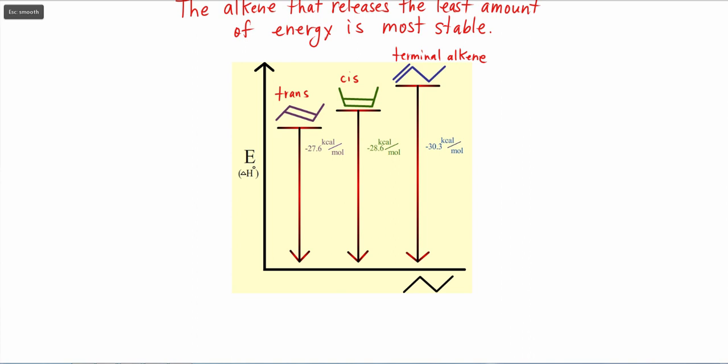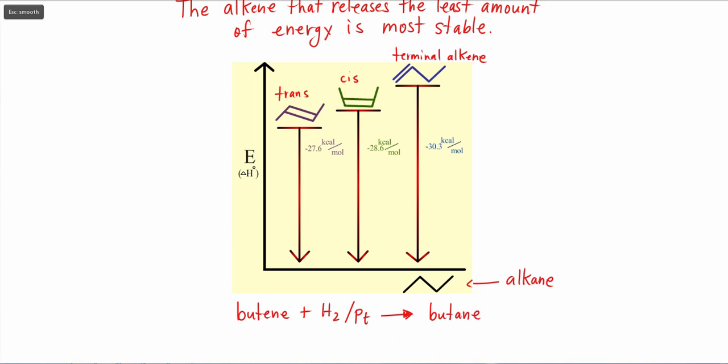So when we hydrogenate each one of these molecules, we wind up with the product of an alkane. So any type of butene, when you react it with hydrogen and a platinum catalyst, it will give you butane.